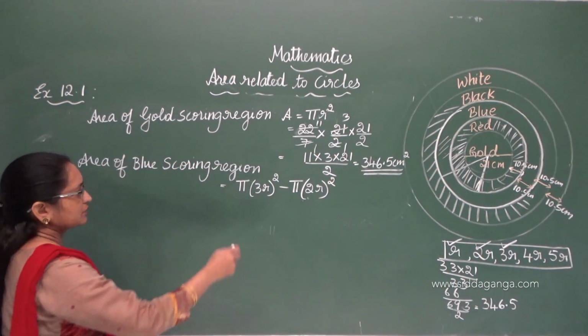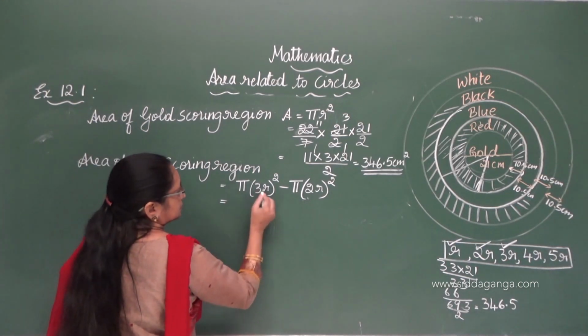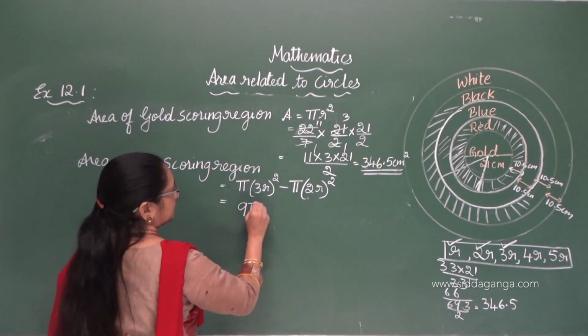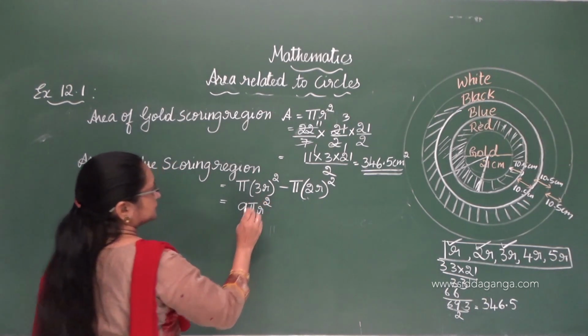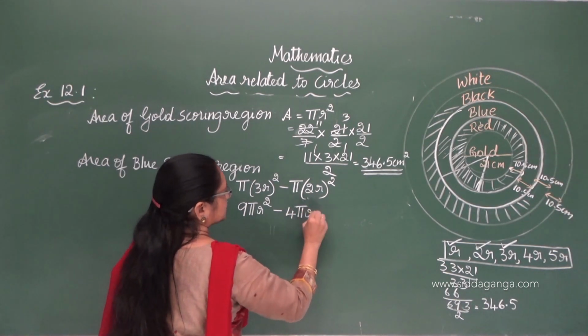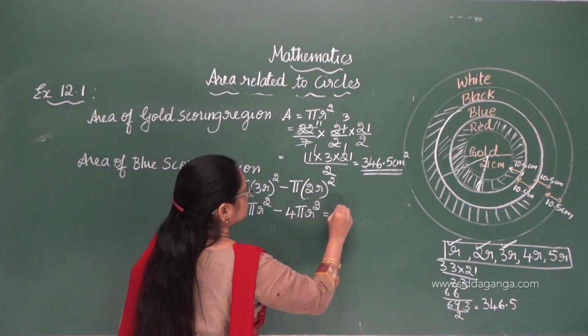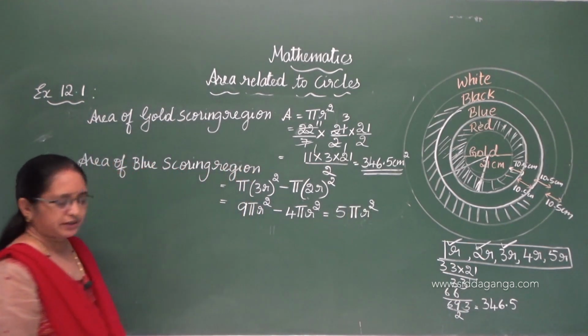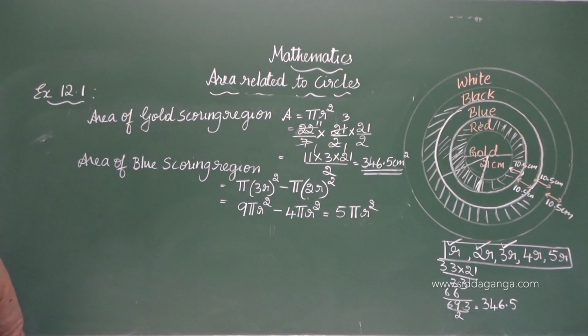Now here 3 3s are 9, so 9πr² minus 2 2s are 4πr². So it gives you 5πr². Correct? So the blue region is 5πr².